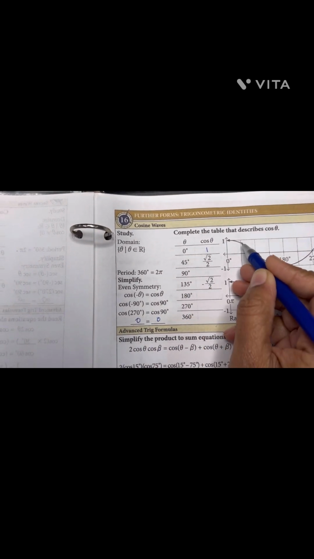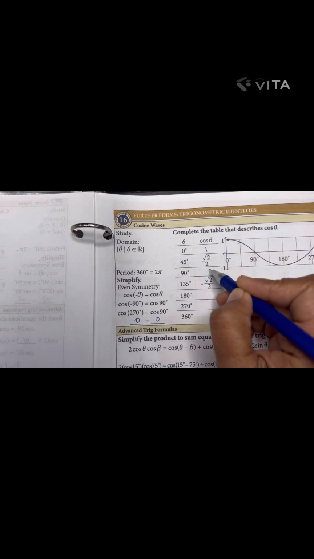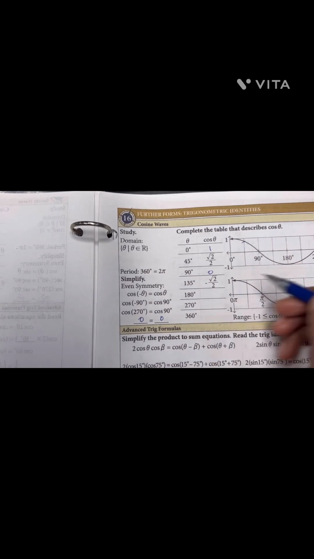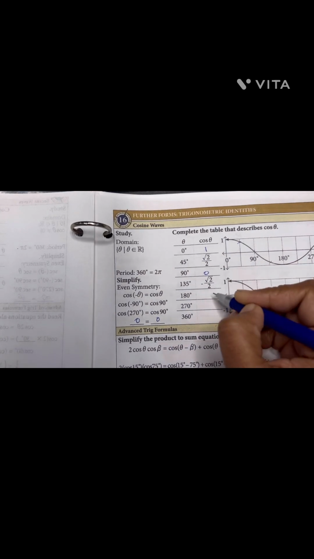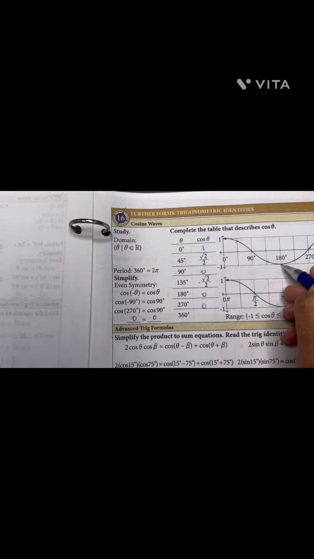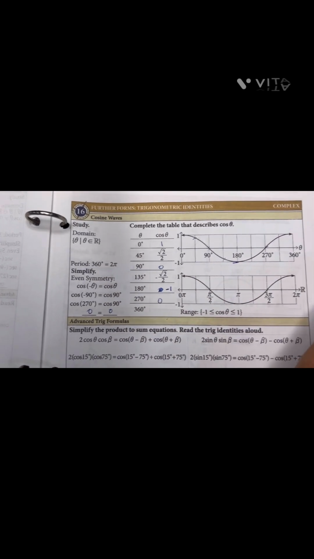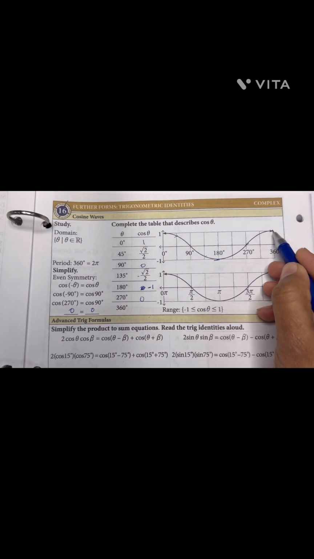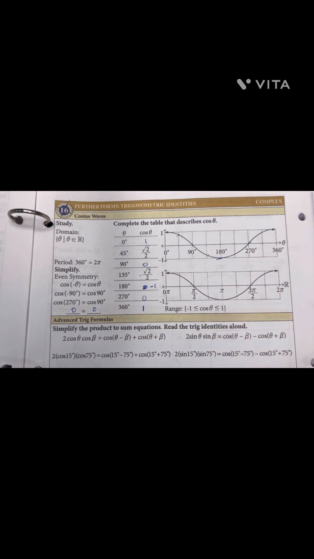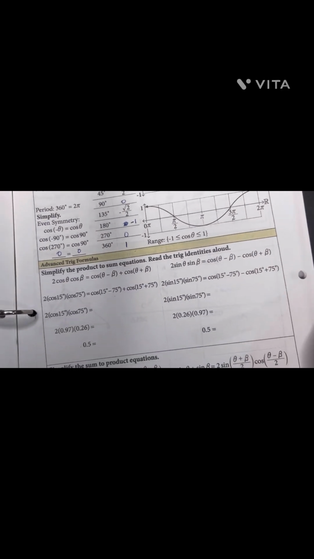Cos 45 is square root of 2 over 2. Cos 90 is 0. 135 is negative square root of 2 over 2. 180, I'm sorry, 180 is negative 1. 270 is 0. And 360 is 1. Okay, all right.